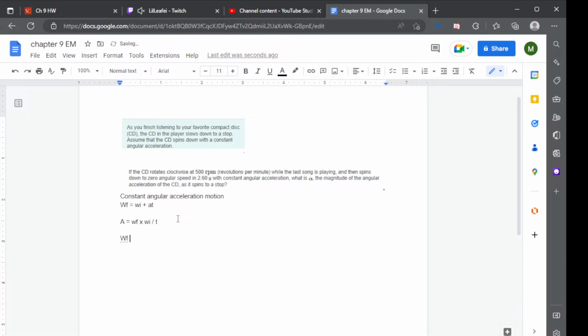So W final will be 500 RPM, considering that's the total amount of rotating clockwise from the last song, and the time will be 2.60 seconds. But we're not done here yet. One revolution equals 2 pi radians, and the units will be radians over second squared, and 1 minute will be 60 seconds.